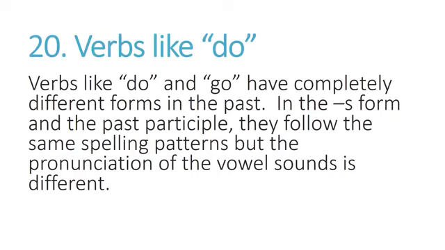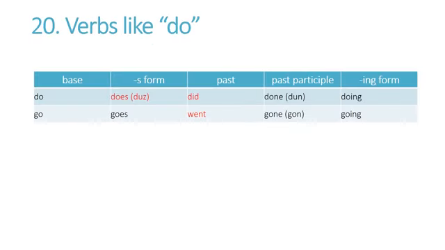Now with these two verbs, do and go, you'll notice that the spelling is almost exactly the same for the endings, except for in the past tense, when these two verbs take on different forms. However, the pronunciation is completely different.